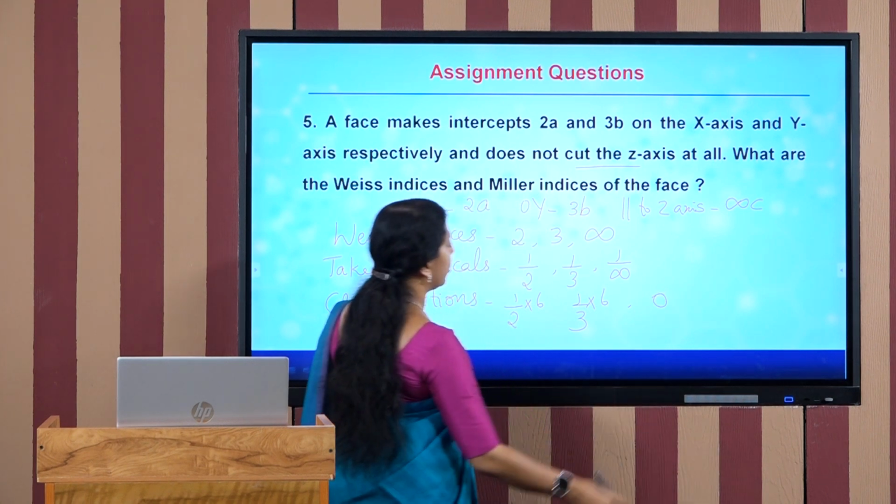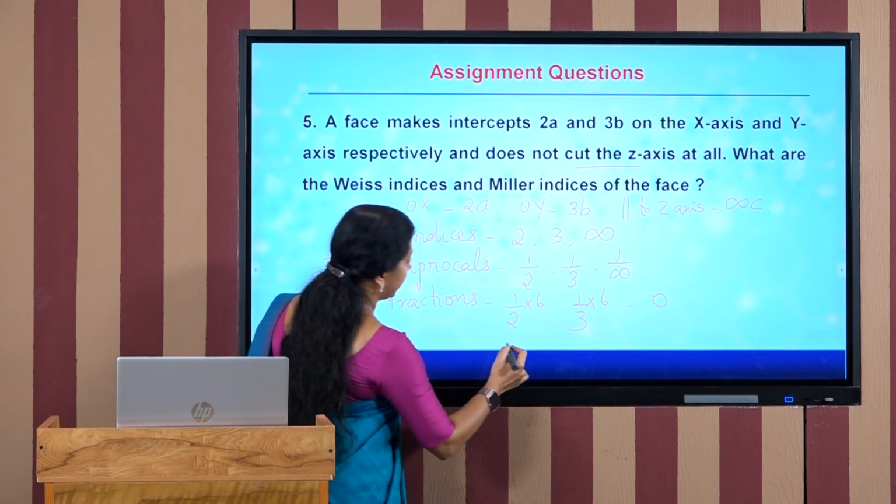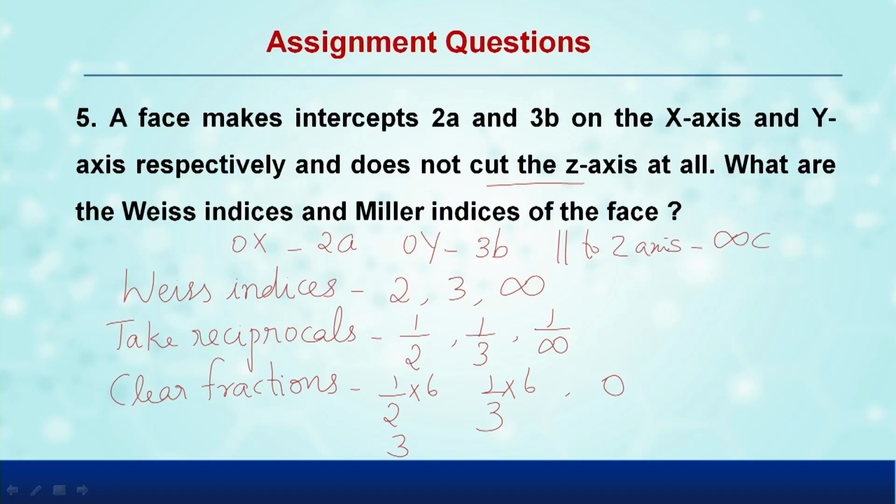So, there is no point in multiplying it with 6. Okay. So, here you will get 3, 2 and 0. So, the Miller indices will be 3, 2 and 0.